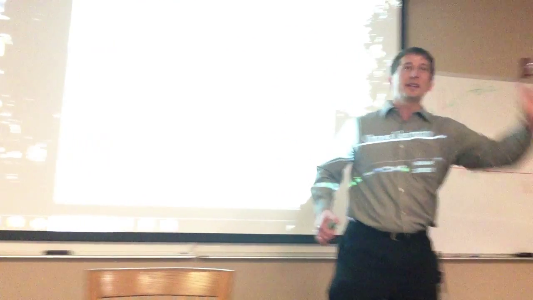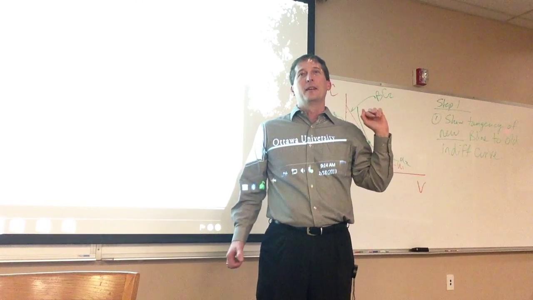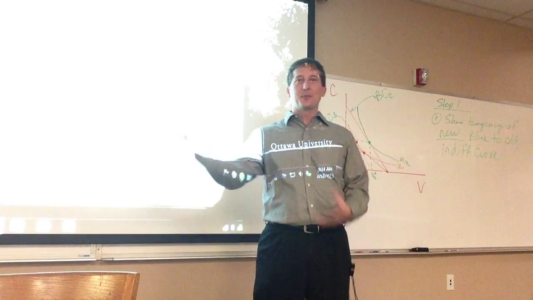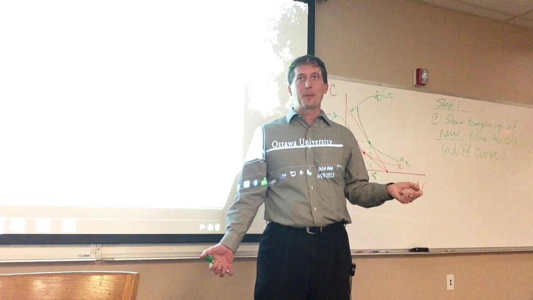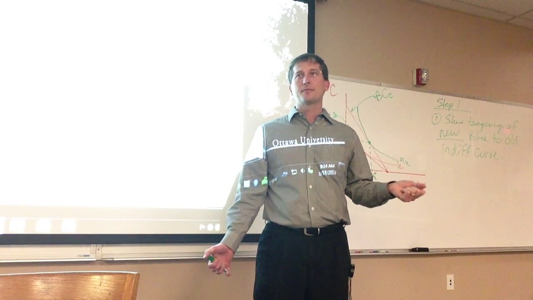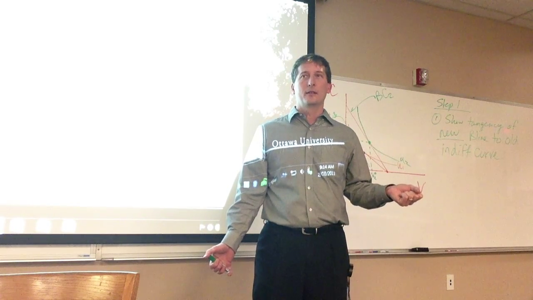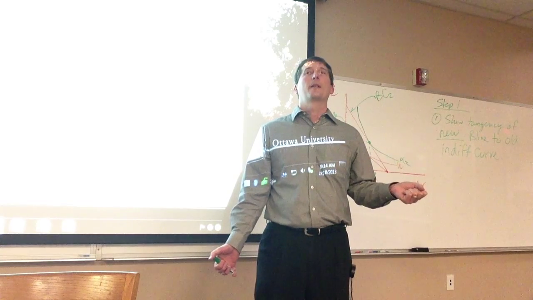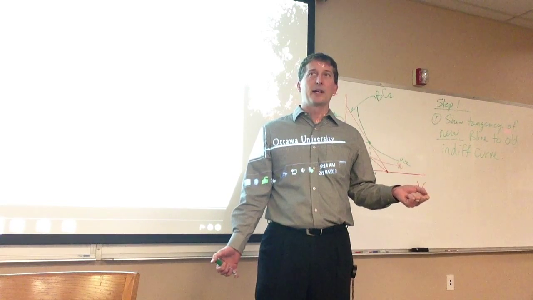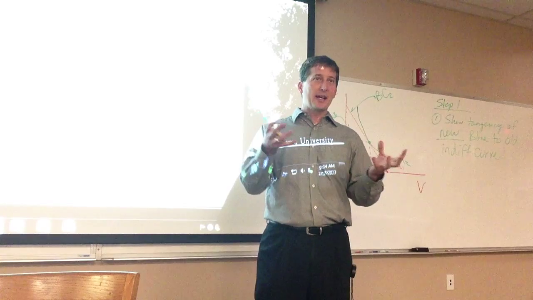We got the new budget constraint touching the old indifference curve. Tell me a story. What's the interpretation of that? If the price ratio is the same, the old indifference curve... Right? So it's looking at that trade-off.